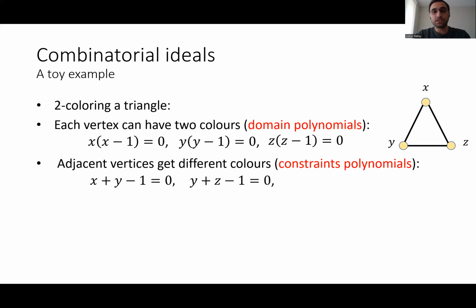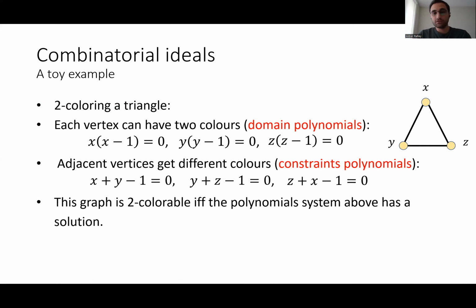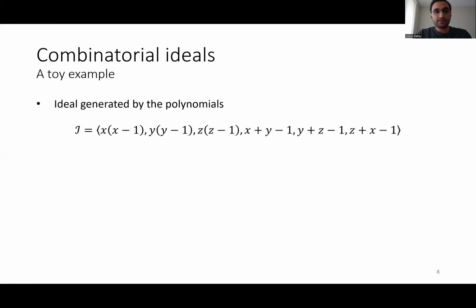The same goes for the edge yz and then the edge zx. Of course, the graph is two-colorable if and only if the polynomial system that we have here has a solution.